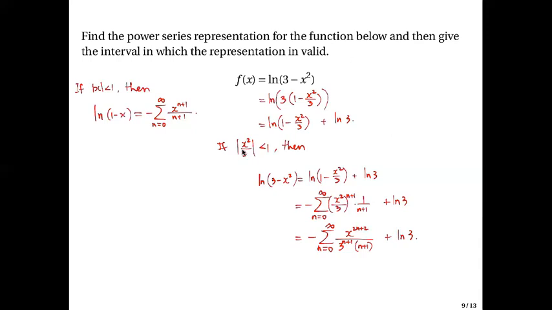So if you solve this inequality, this is valid on the interval negative square root of 3, square root of 3. Okay, so try to solve this inequality and you will get this interval.